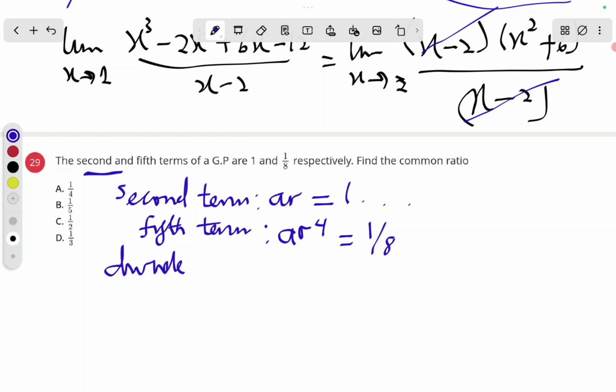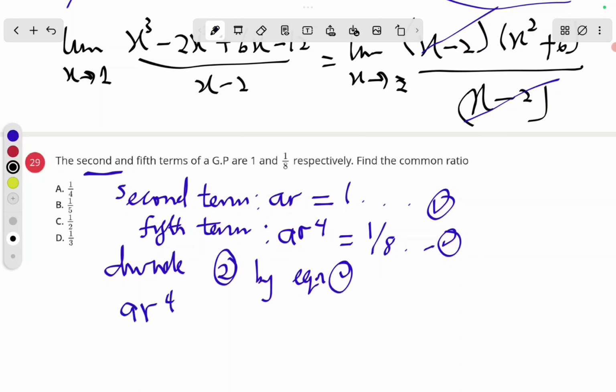This one is equation 2. Now divide equation 2 by equation 1. We're going to have AR to the power of 4 equal to 1 over 8, divided by equation 1, that is AR over 1.